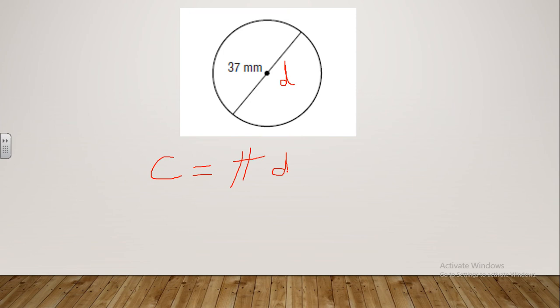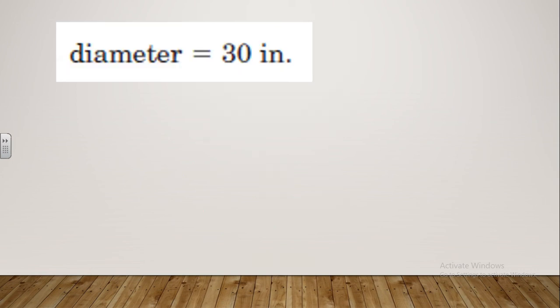He tells you that the pi here is 3.14, right? So that will equal 3.14 times the diameter here, 37, and when you multiply you will get 116.18. Okay, you get it? Super.